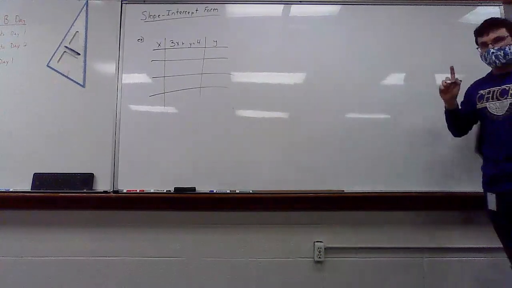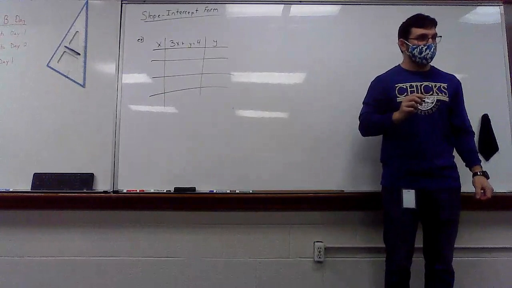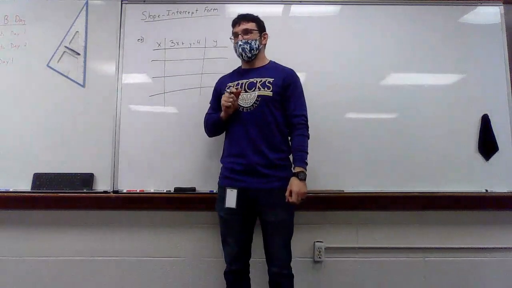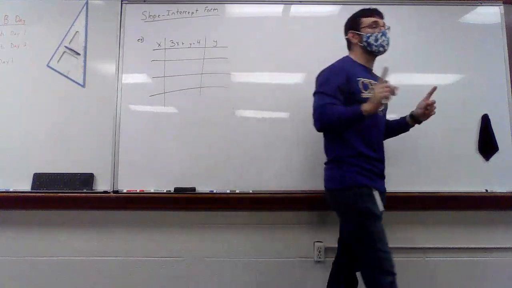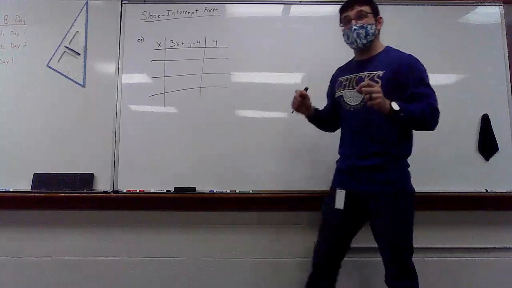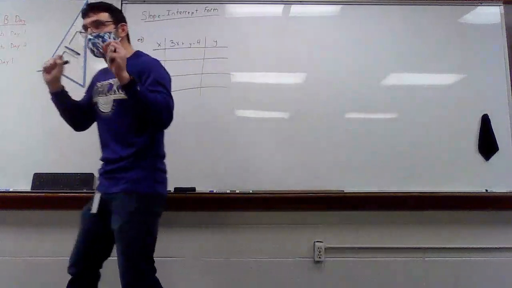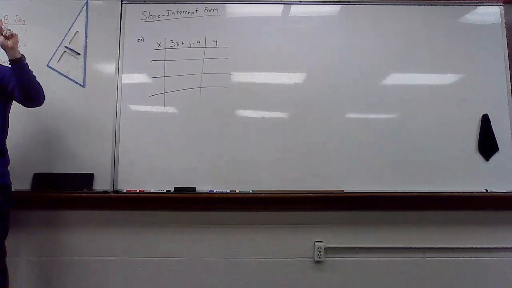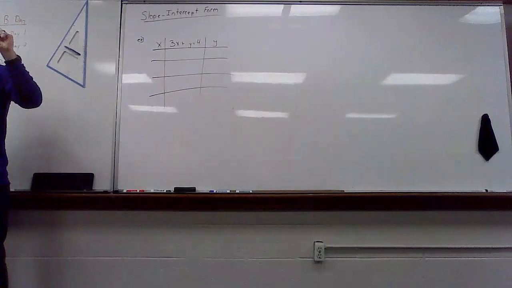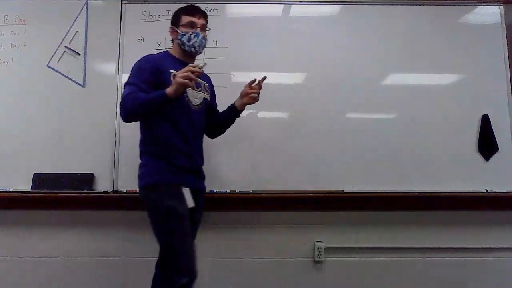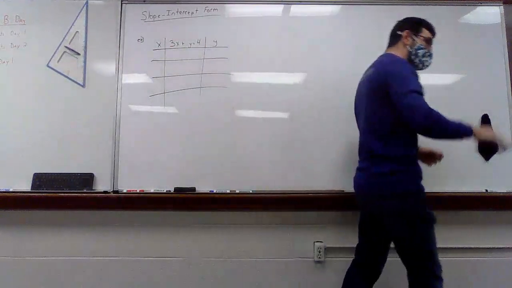Now, I'm going to emphasize some words. Slope-intercept form. There are two things that we are going to get from slope-intercept form. Once our equation is in slope-intercept form, you're going to know the what? The intercept and the slope. An intercept means where does it cross?